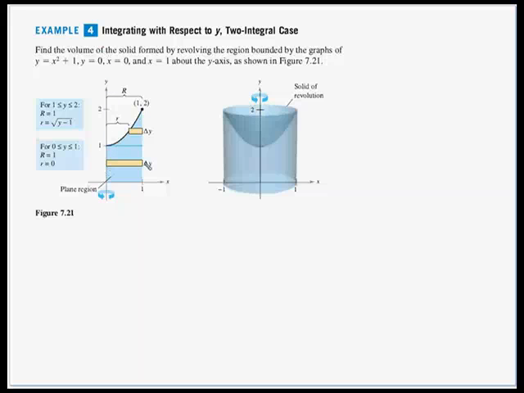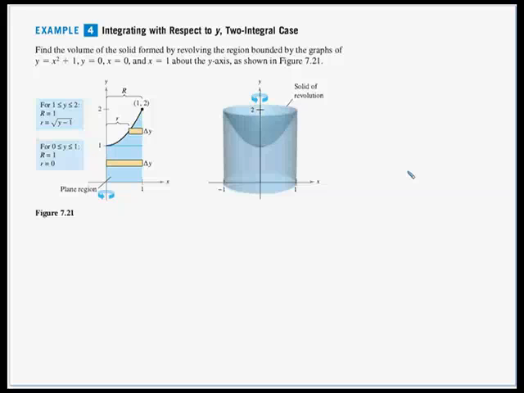In all previous examples, we were rotating around the x-axis, so our representative element, our little rectangle under the curve to determine our upper and lower radii, was perpendicular to the x-axis. Well, now in this case, since we are integrating with respect to y and rotating around the y-axis, our representative rectangles are going to be perpendicular to the y-axis.